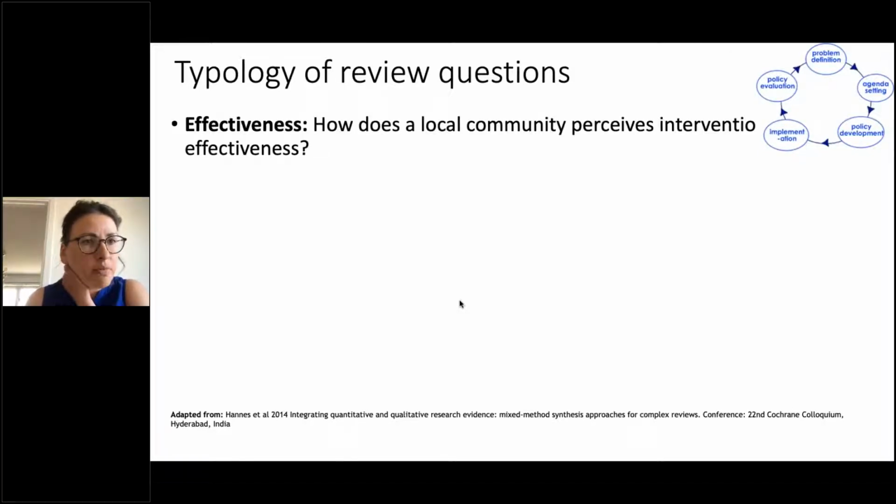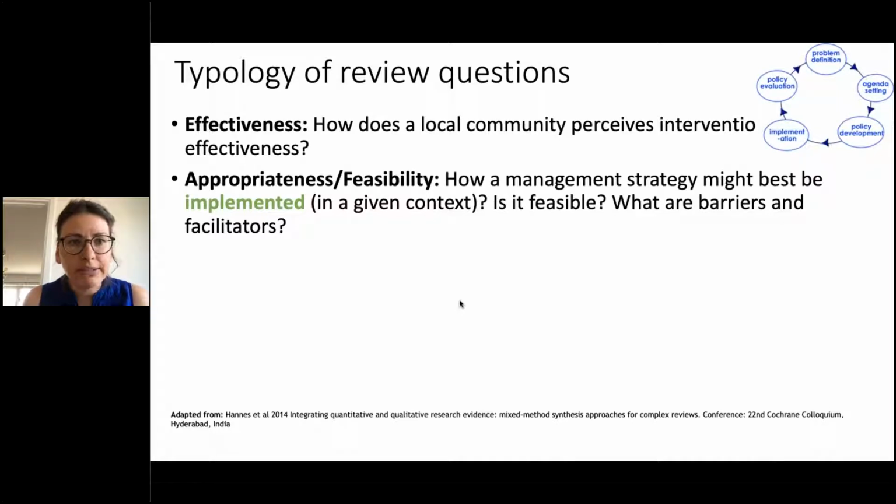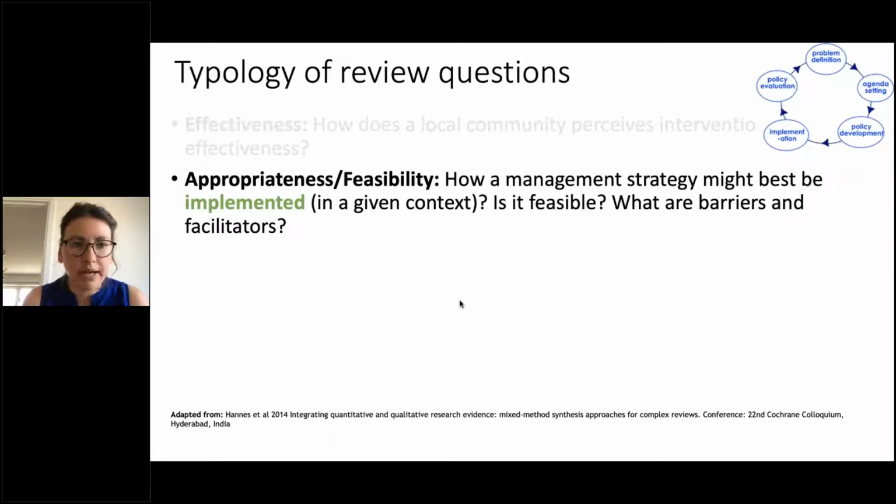So apart from answering questions about effectiveness, which in qualitative evidence synthesis could sound like how does a local community perceive intervention effectiveness, so focusing on perceptions, qualitative evidence synthesis could answer questions about appropriateness and feasibility. For example, how a management strategy might best be implemented in a given context. Is that management strategy feasible? What are barriers and facilitators to implementation of that strategy?